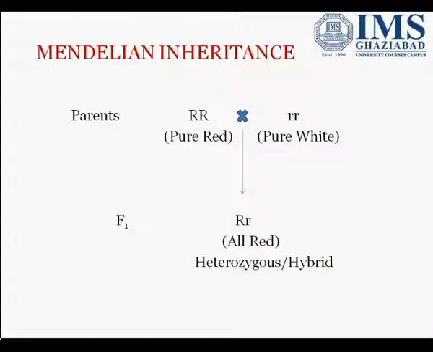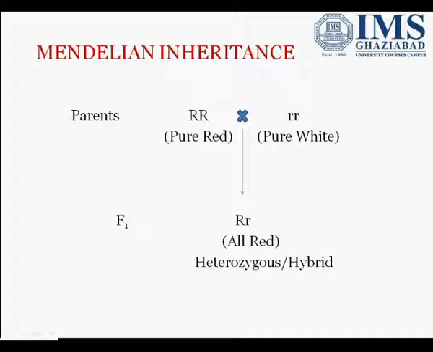As you all know, as per the phenomenon of dominance, when we have two parents which are pure in nature, in the F1 generation we get a heterozygous individual. This is because fertilization takes place between two gametes which are different in nature.